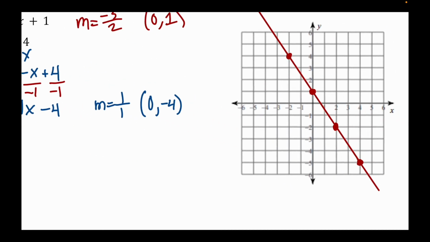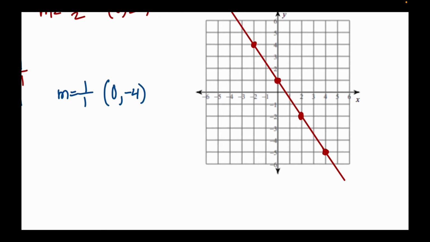So let's find that point, 0, negative 4, and we're going to go up 1 over 1. Oh, it does land on one of those common corners. We can also follow it down and to the left. I'm just going to draw my line straight through here, but making the points the important part.